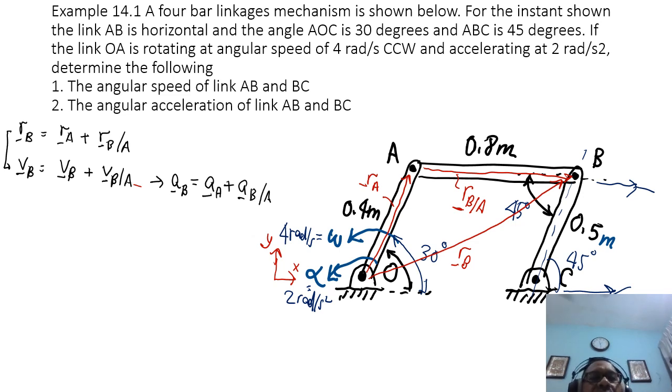Now I need to identify the fixed axis rotation, so let me highlight it in orange. I know this is my pivot O and pivot C.